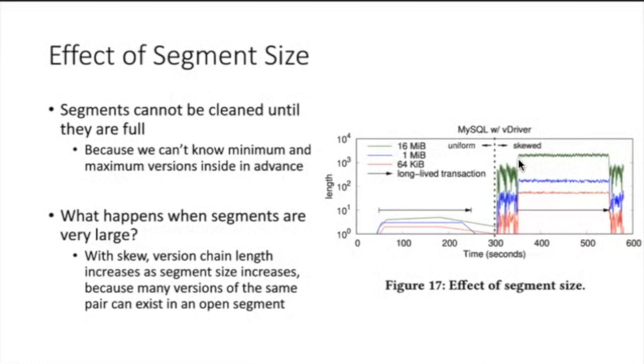They all might be in the same segment, but the segment isn't closed yet, because it's really big, 16 megabytes. In that case, the version chains under skewed workloads in their scheme could actually get very, very long, and then we can see the same problem as the other stores. I wish they showed the throughput with this one, but they didn't in the paper. They just show the version lengths.